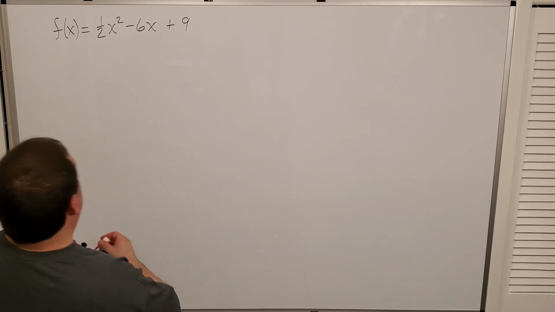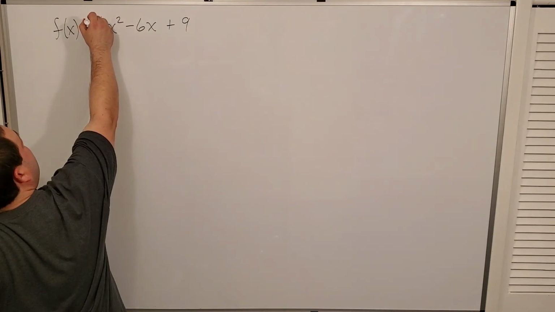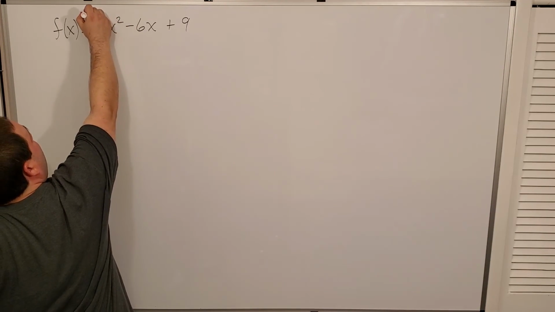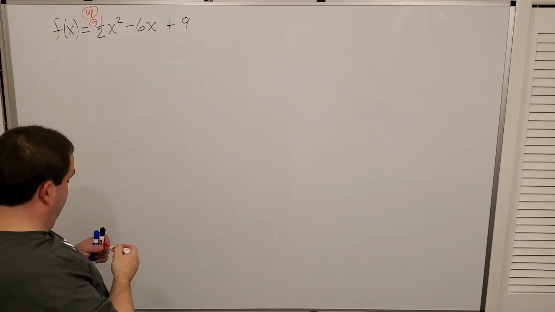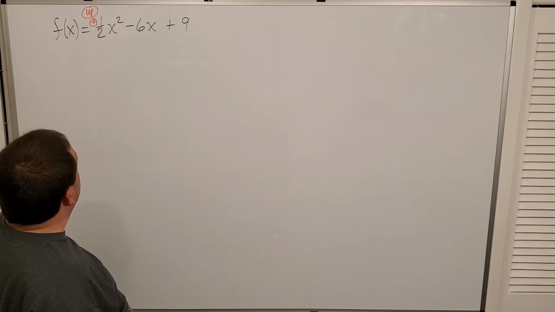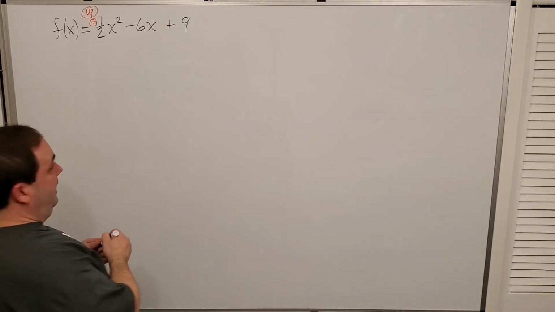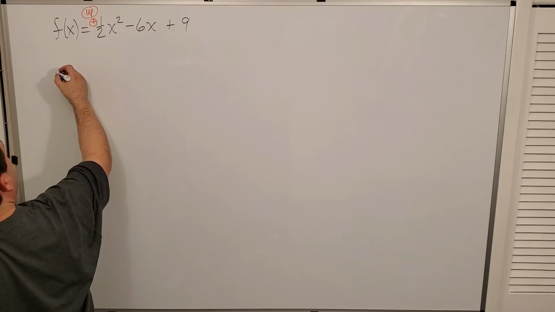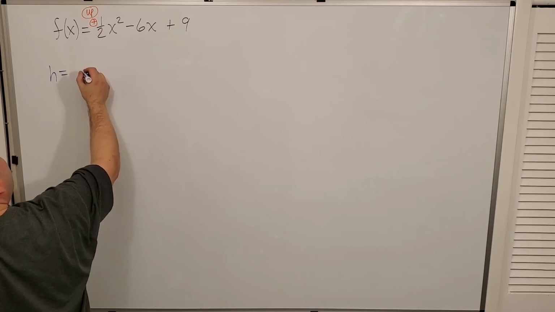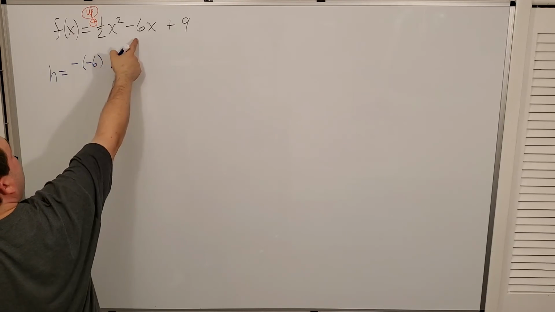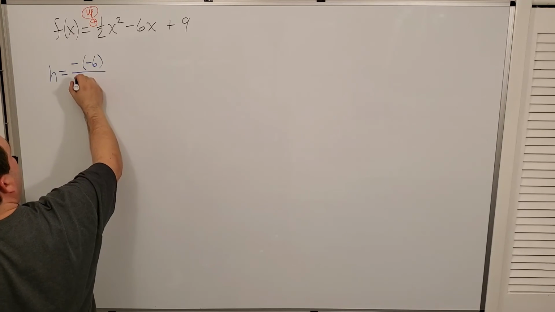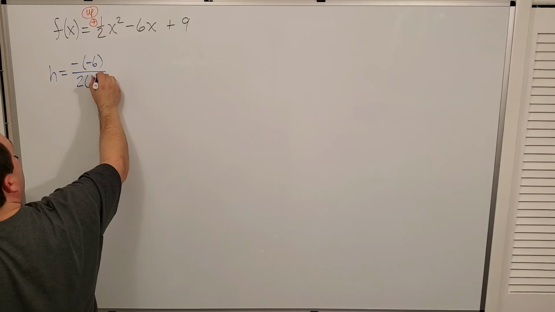I can tell right away that since this is positive right here, the parabola is going to open upwards. And I can calculate my vertex by computing h and k. H is going to be negative b, which is negative 6, over 2 times a, which is 1/2.